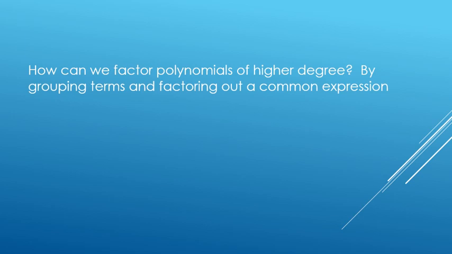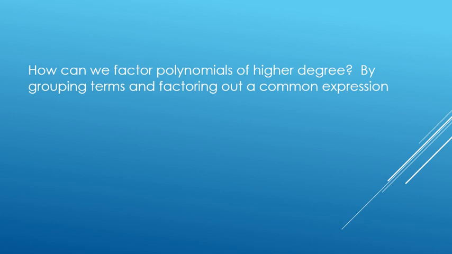So what if we have a polynomial of a degree higher than 2, like 3 or 4? How can we pull out a common factor, or start to factor something like that? Those can get really ugly, and near impossible to do at the level that we're at right now.